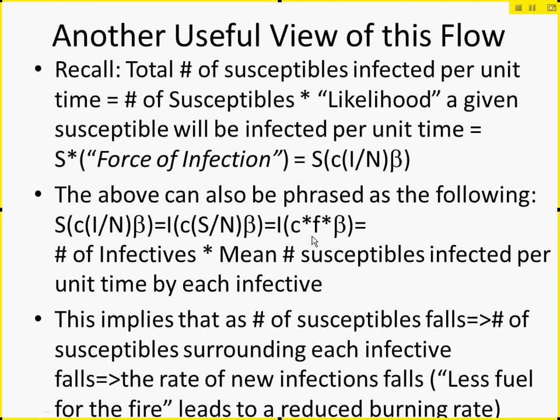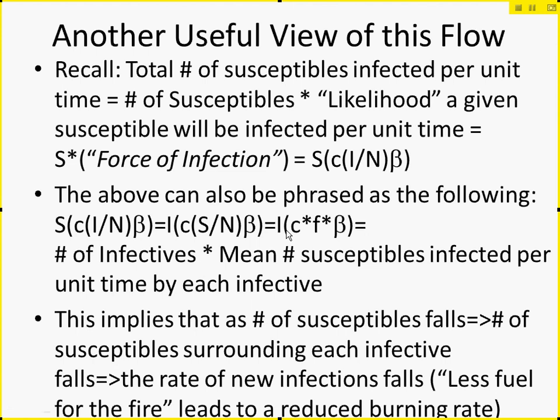So on average, I infect at a 4% chance per contact with those 50 contacts per unit time. So I infect, on average, 2 people per unit time. That's just another way of looking at the term, just rearranging it and thinking about it this other way. This is going to be key to understand for our discussion in another 5 or 10 minutes, okay?